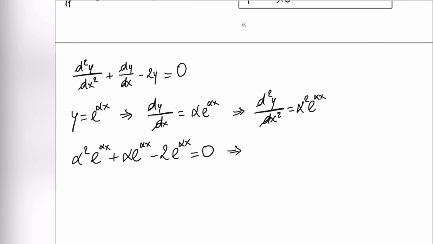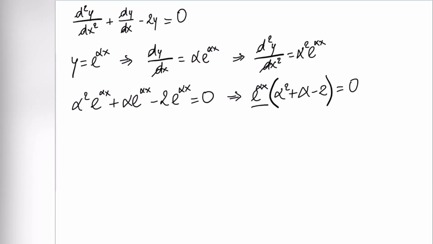Now if we factorize, we have a factor e to the power alpha x on every term, so e to the power alpha x out of the bracket times alpha squared plus alpha minus 2 is equal to 0. Now if we divide both sides by this, we're going to be left with this equation: alpha squared plus alpha minus 2 is equal to 0. And this is called the characteristic equation or auxiliary equation.